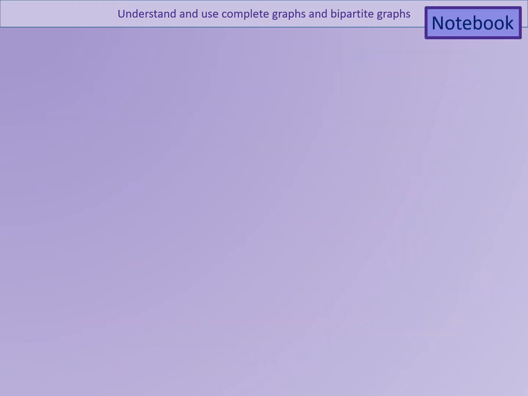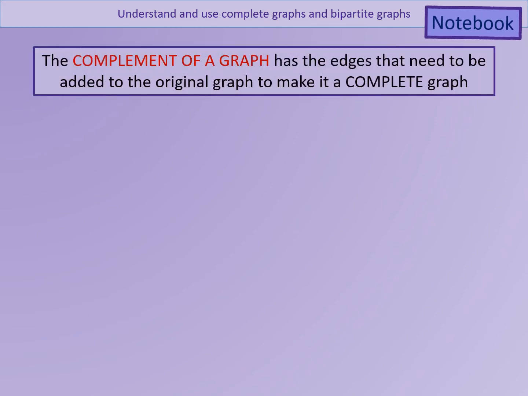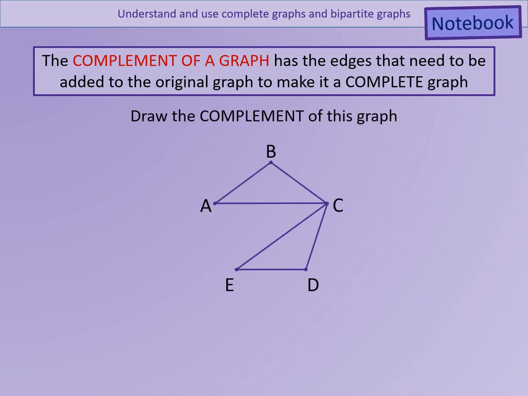The next definition we're going to look at is the complement of a graph. The complement of a graph contains the edges that are needed to be added to the original graph to make that graph complete. So for example, with this graph, which edges will be needed to make the graph complete?